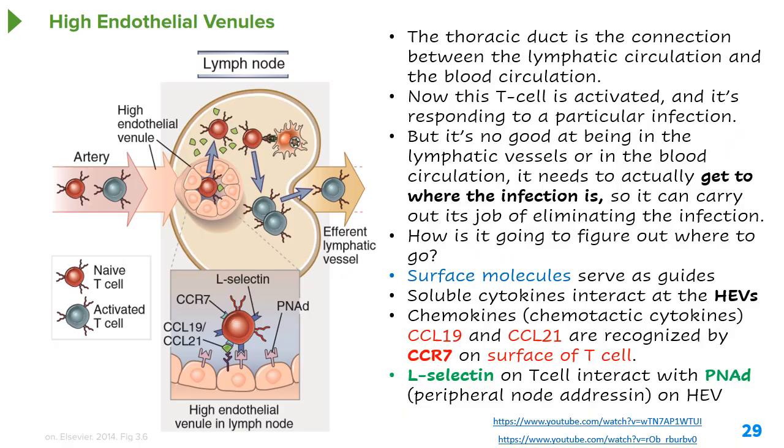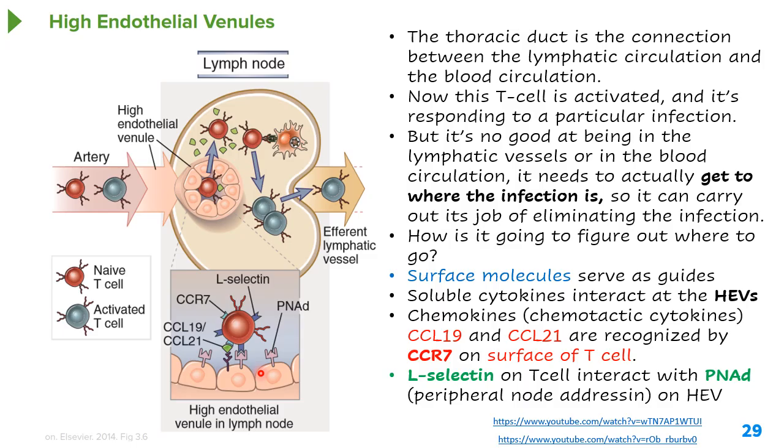All right. So how is it exactly that it gets there? This is when you get to put some more details on those interactions. At those high endothelial venules, you have some very special sticky molecules that are expressed. Okay, so you have these sticky molecules, and you also have production of certain cytokines that are quite important for interaction and adherence.